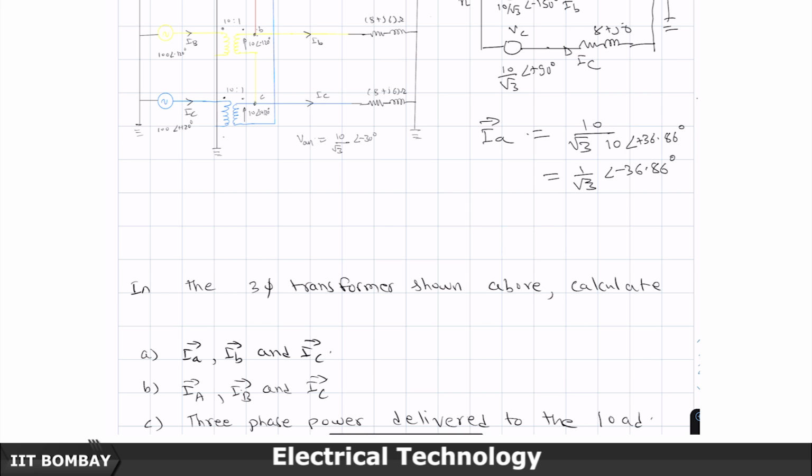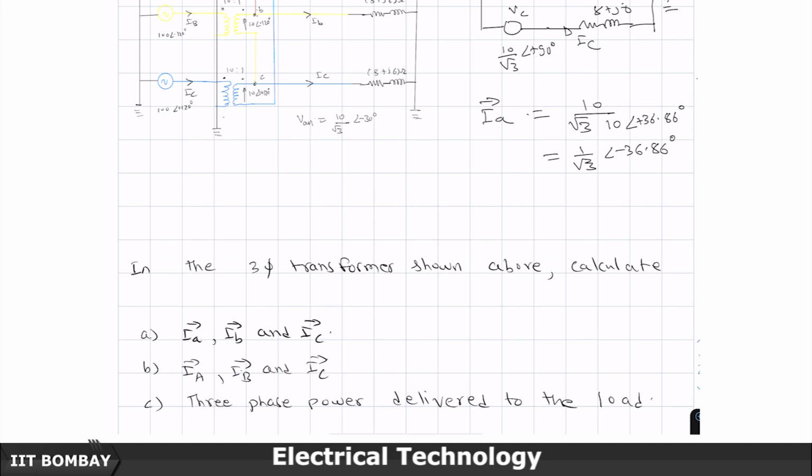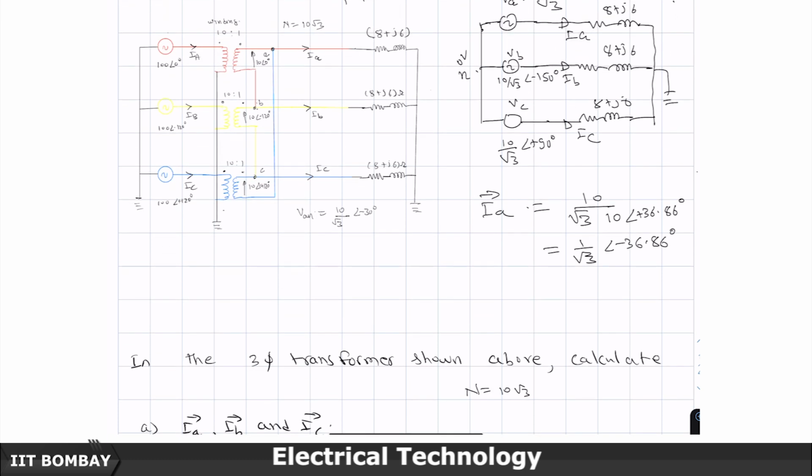Now our next task is to calculate IA, IB, IC, with capital A, B, C, on the primary side. So again I am going to use this concept here that N is 10 root 3, and when the current goes from the LV side to the HV side, voltage increases, current reduces.